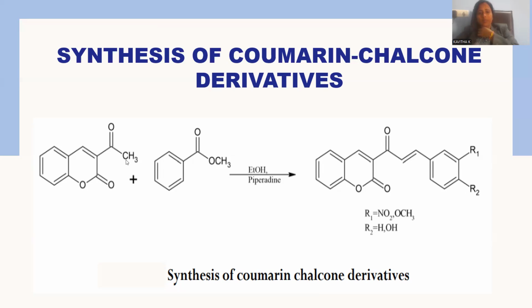Condensation is accomplished between this carbon of the coumarin acetyl group and the ester, which is removed from the system, forming an alpha, beta unsaturated ketone once again, which is designated as a chalcone moiety. Chalcone will be originated.